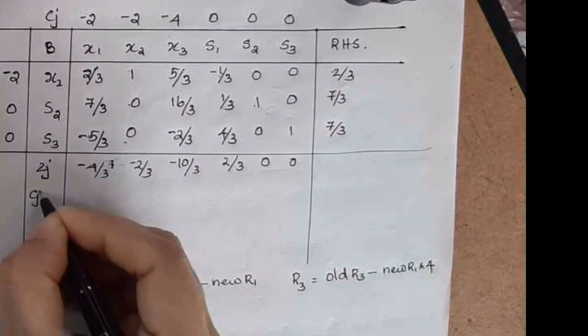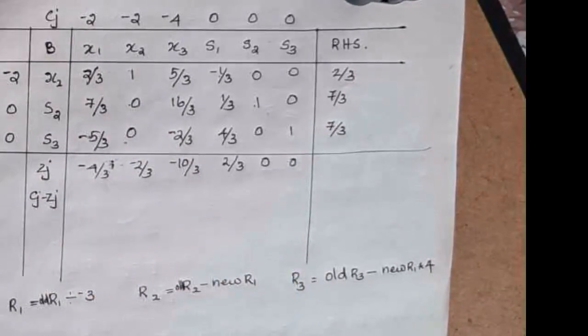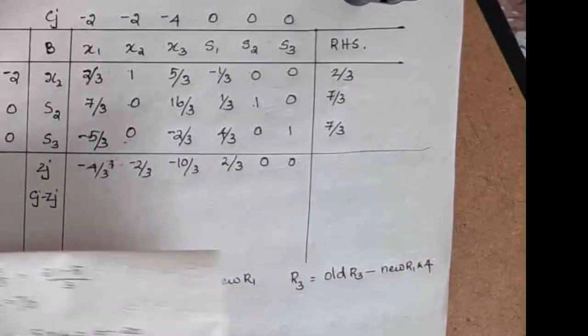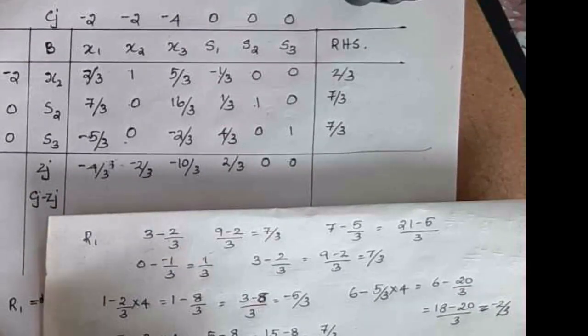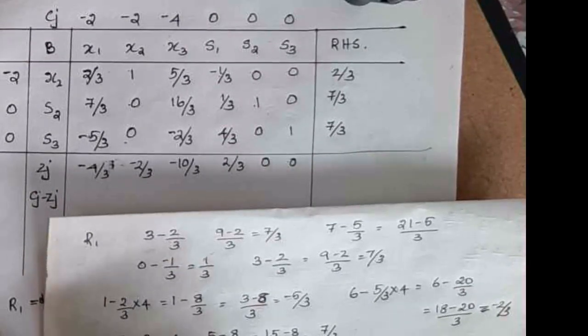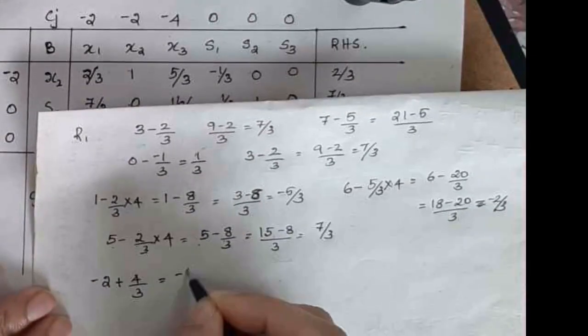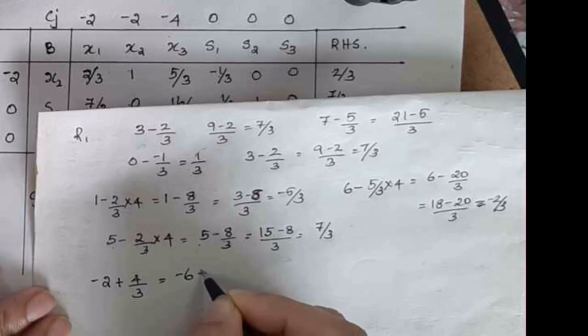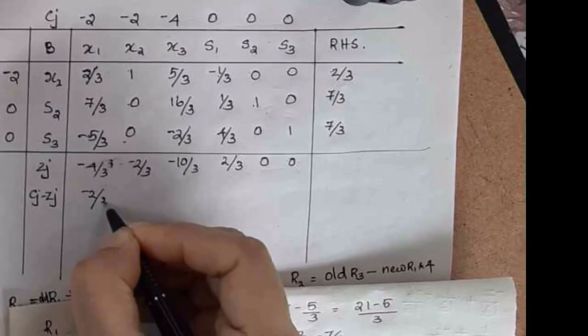Now Cj minus Zj is equal to, what is this? Minus 2 minus 4 by 3, that will be minus 6 plus 4 by 3 is equal to minus 2 by 3. So this is minus 2 by 3.